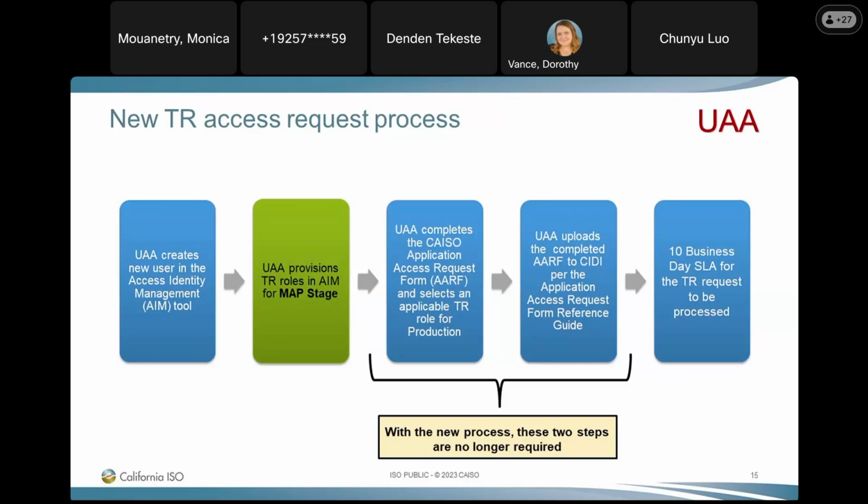The 10 business day SLA still applies for now until we automate this process. It is an enhancement that we're going to be working on later on, but for now, the new process will involve new users in AIM, and then provisioning the users in AIM still, but still having to wait the 10 business days to make sure that our folks are able to update the users in the TR applications to associate the folks in there appropriately.